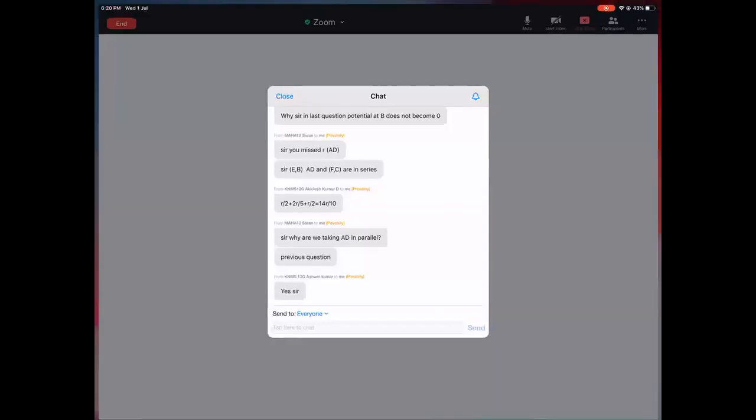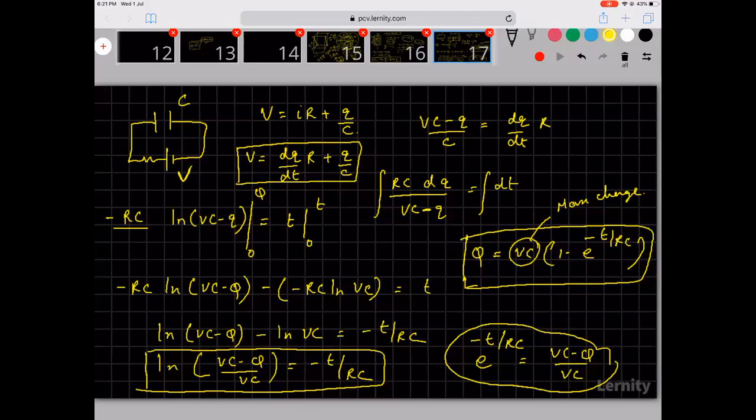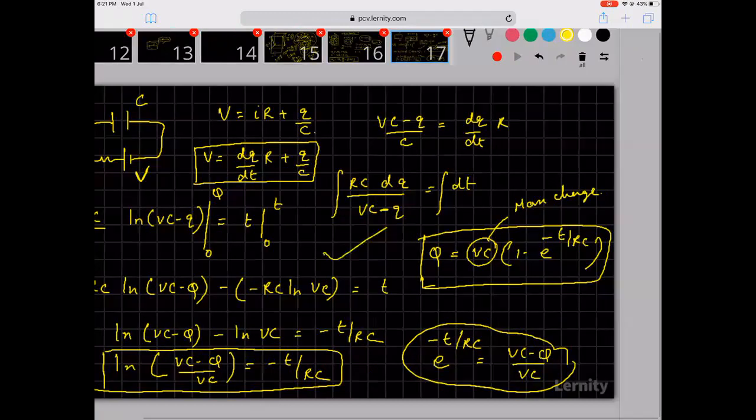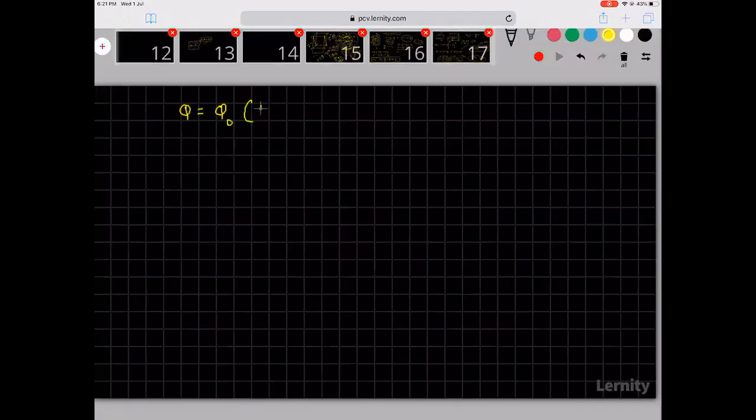Now the kind of questions that you may get. So we will talk about that. So first, if you understand this, then see Q is equal to Q0 into 1 minus e power minus t by RC. Suppose T is equal to RC. Then what will we get?